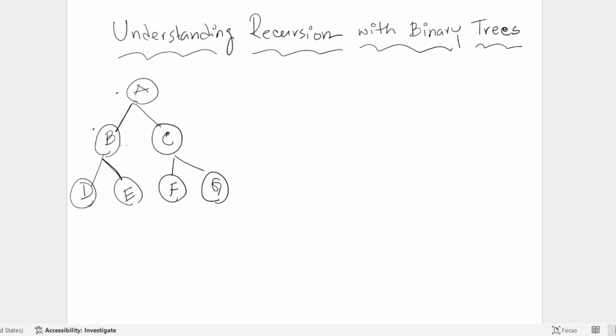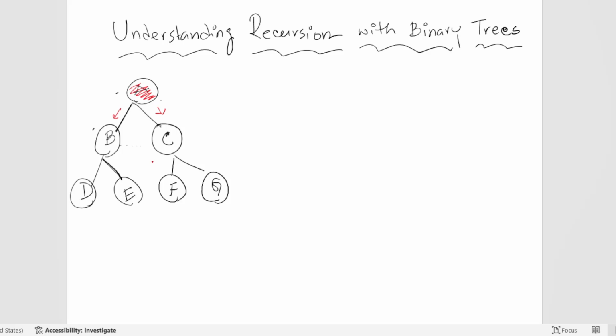Now let us start painting from the first node of the tree, which is the root. And let's give it a color. Let's say red. Now from A, I can move to either B or C. But as I'm one person, I cannot go to two places at the same time.